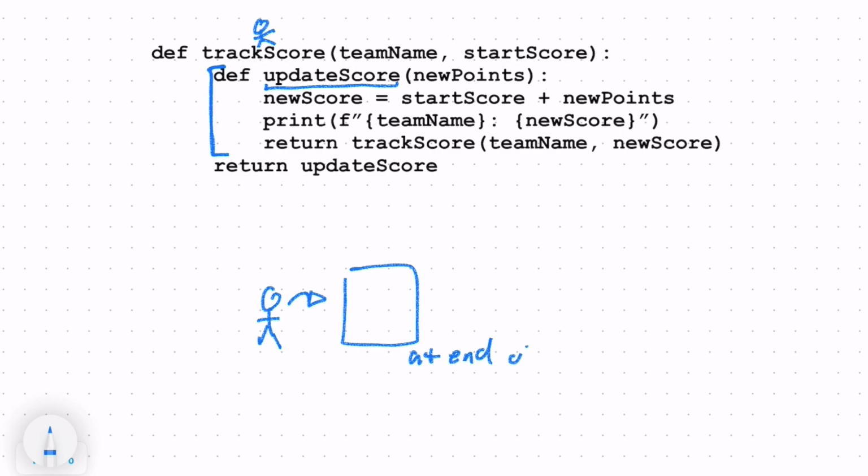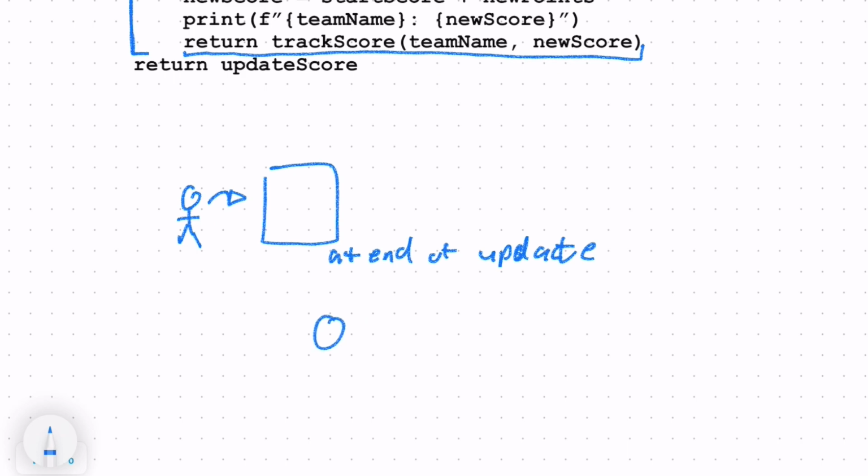And then at the end of building update score, I'm going to ask my builder, track score, to build me another update score. Now we're going to switch gears and look at a Python interpreter and see what this will actually be outputting and how this works.